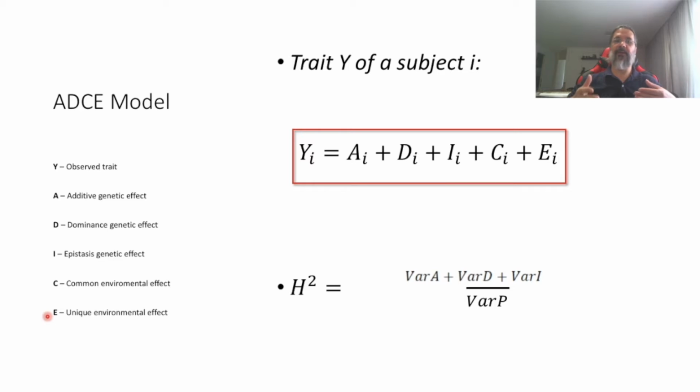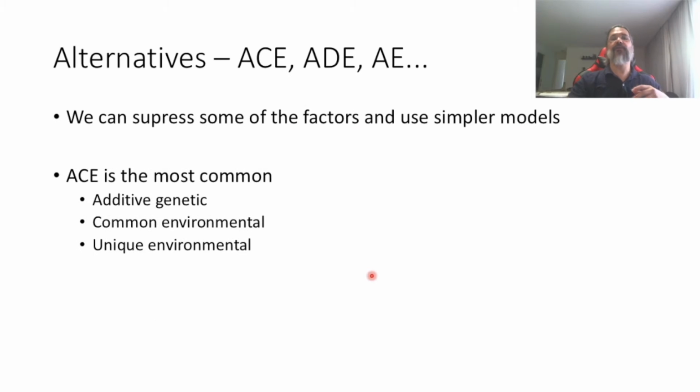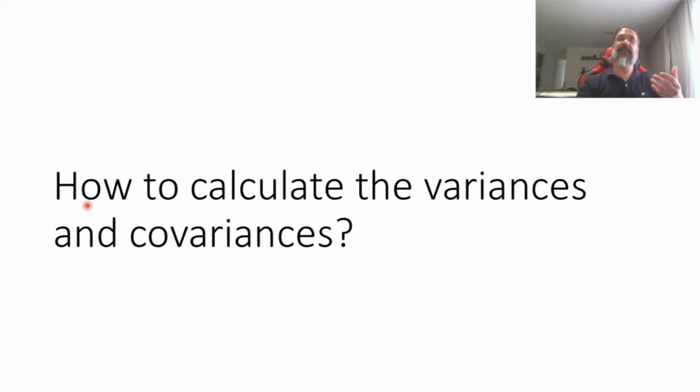We can now describe heritability as the variance of additive, dominance, and epistasis effects over the total variance of a trait. We can use submodels of the ADCE model too, if we exclude some of the factors. One of the most common is the ACE model, in which we consider all the genetic variation to be an additive effect.